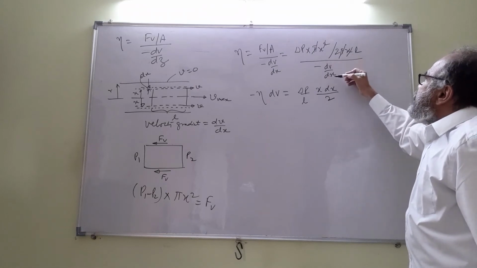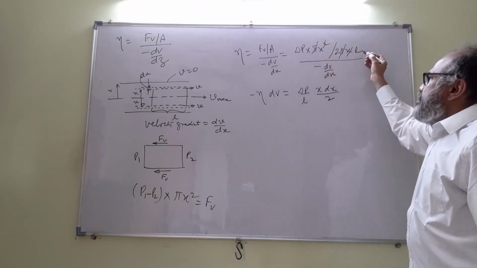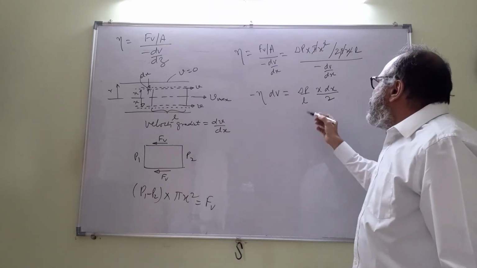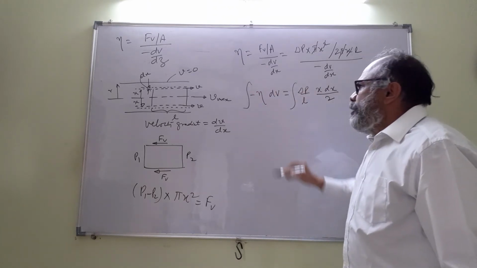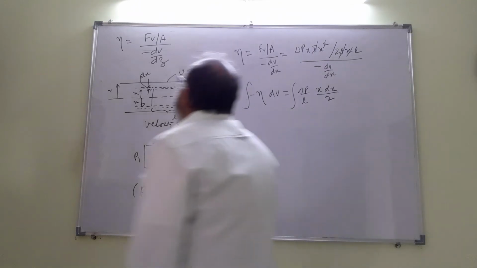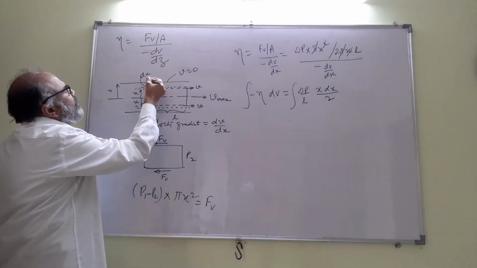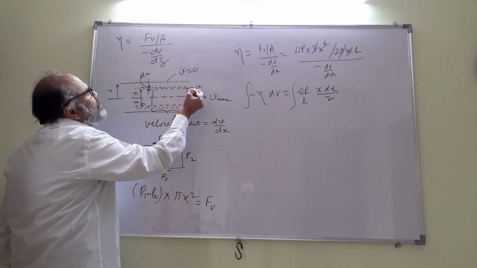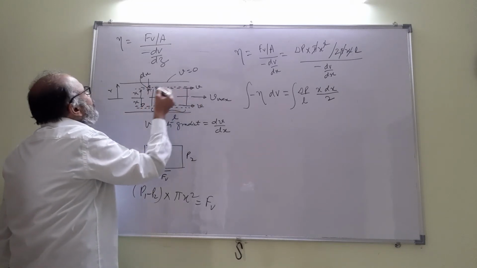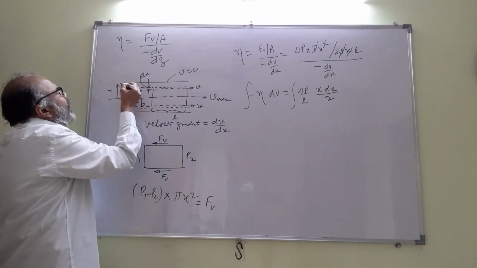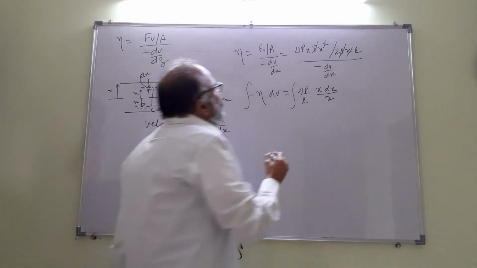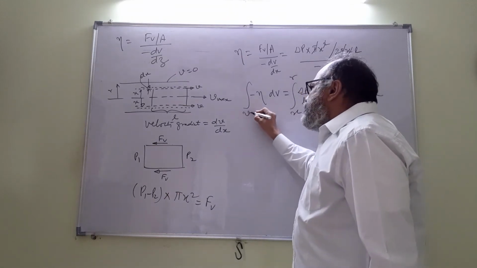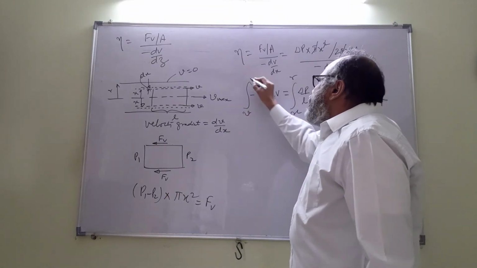So let us integrate this. We will integrate from x to r, because we know the velocity at x is v and the velocity at x equal to r is 0. At x the velocity is v, at r the velocity is 0.